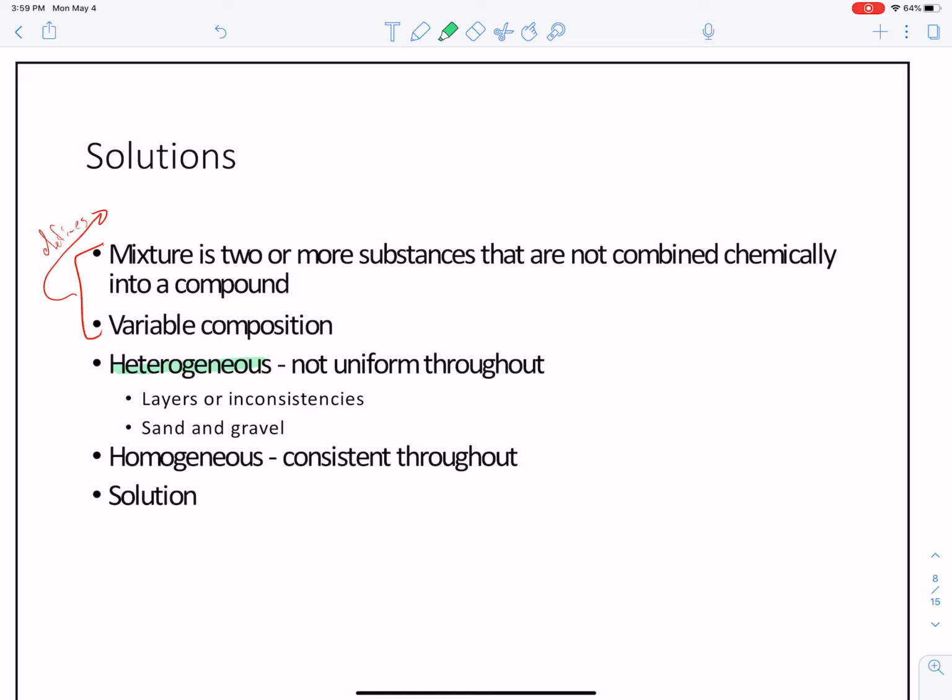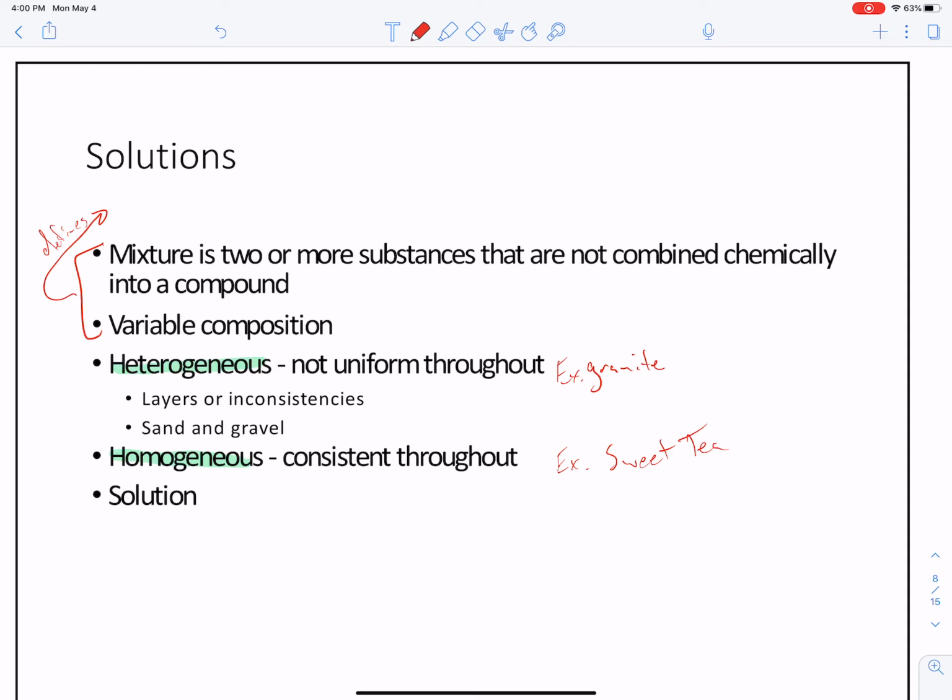A great heterogeneous solution, let's think of this: granite is a heterogeneous solution. It's a solid dissolved in a solid. But you can see it's not quite uniform, is it? But it's still granite. You can also have homogeneous solutions. Those are consistent throughout. A great example of a homogeneous solution, as I just mentioned, is sweet tea.